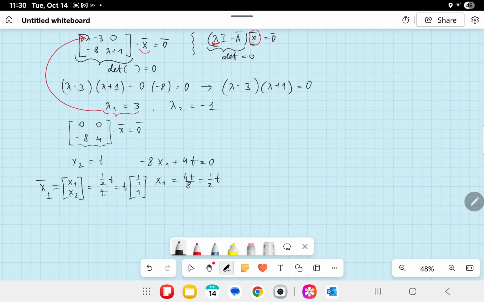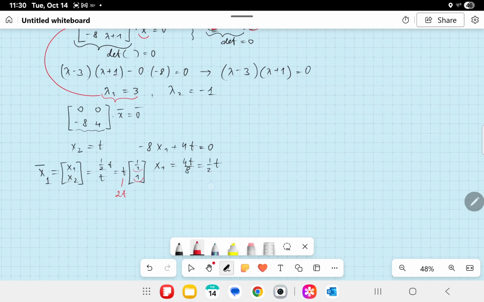And if I consider this one is 2t, I can take this 2 and multiply by each entry in my vector, and I'm going to get that x1, my first eigenvector, equals 1, 2. I multiplied each entry by 2, and I'm going to put over here t. So that's going to be my first solution, my first eigenvector. Usually, you don't need to write down t, but maybe t is just going to give us the idea that we can stretch this vector by any number.